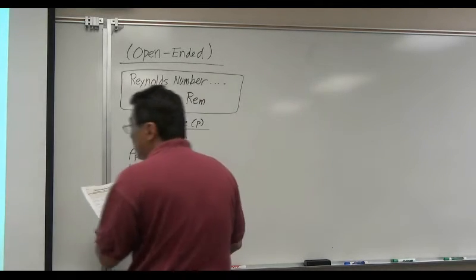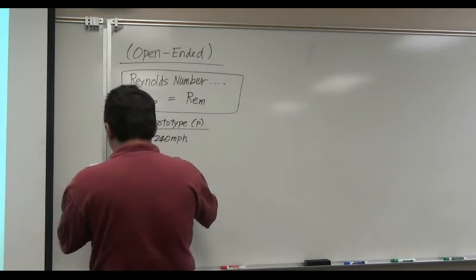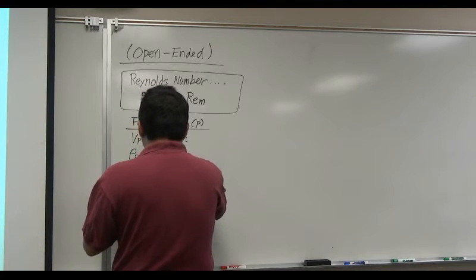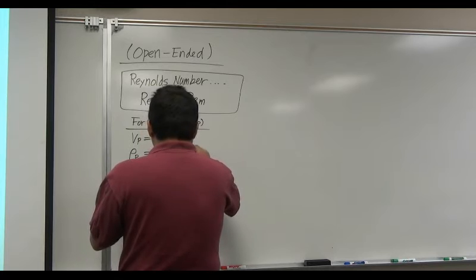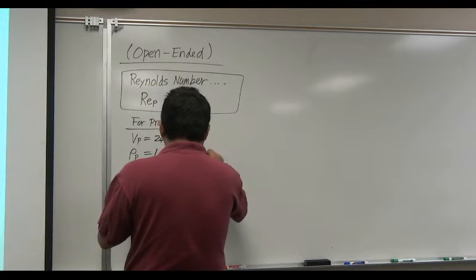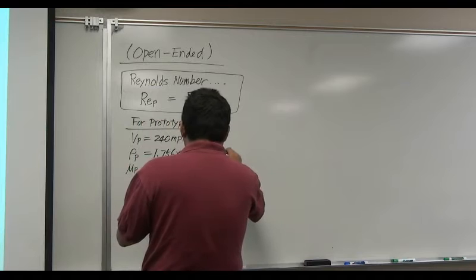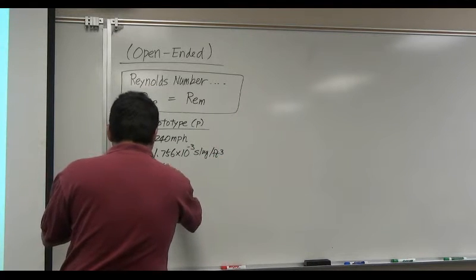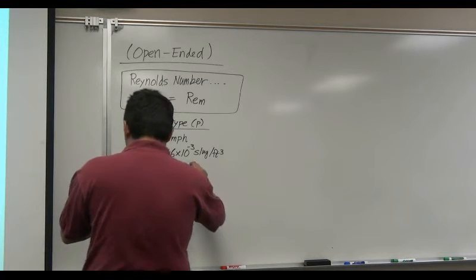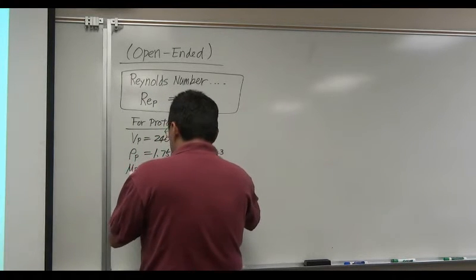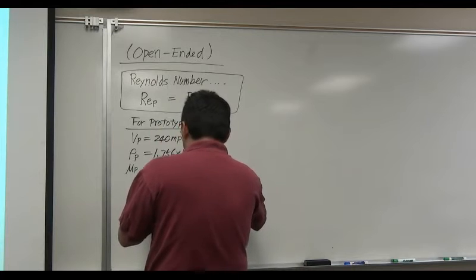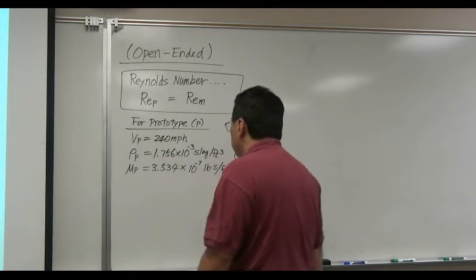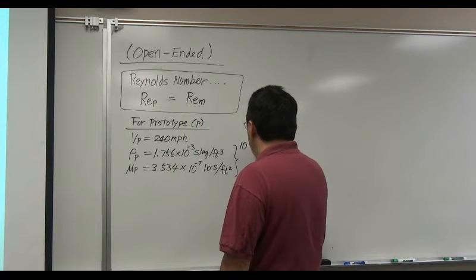So if you're using standard atmosphere at 10,000 feet altitude, density will be 1.756 times 10 to the minus 3 slugs per cubic foot. Viscosity is 3.534 times 10 to the minus 7 pounds second per feet squared. Keep in mind, those are the standard values of 10,000 feet altitude.